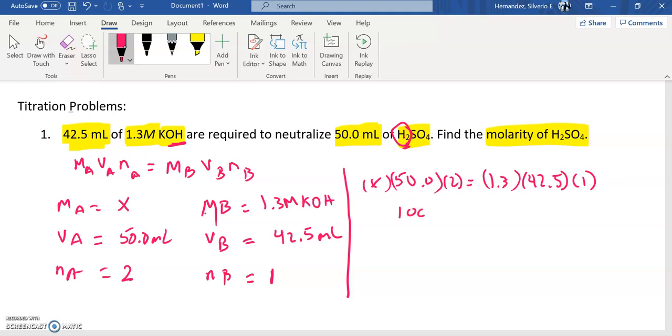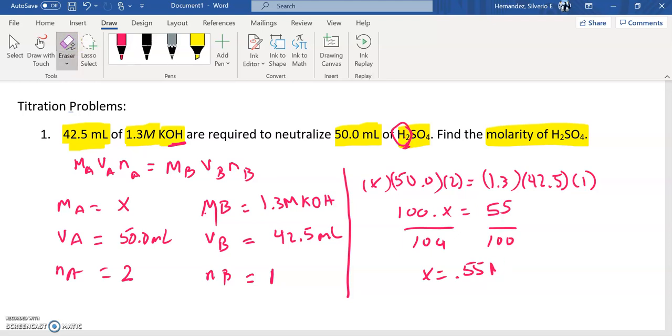So simplifying this equation, I get 100 times x is equal to 55. The next step would be to divide both sides by 100, and I get x is equal to 0.55, and that's going to be the molar concentration of the acid.